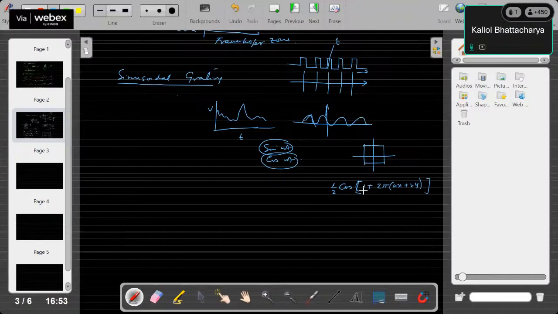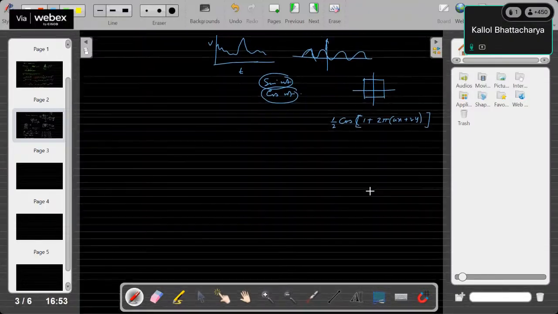Now, I know this is getting complicated, but let us go straight away to find the diffraction pattern of a slit. Let us say this is my slit.